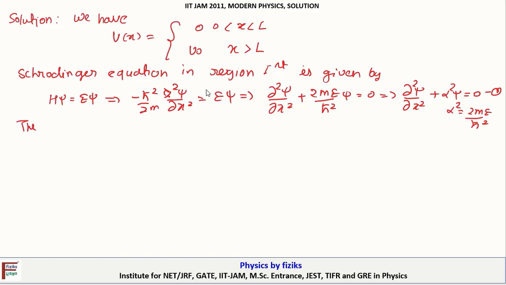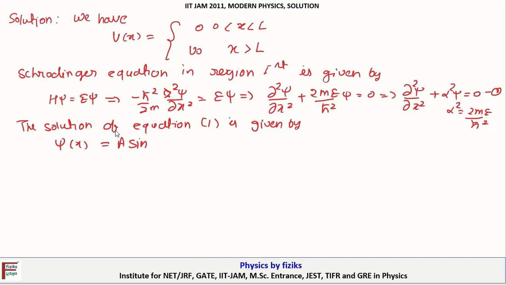The solution of equation 1 is given by psi of x equals A sine alpha x plus B cos alpha x.